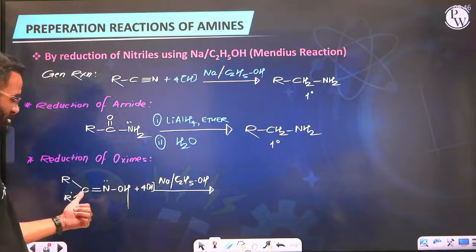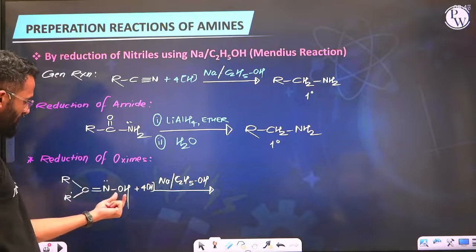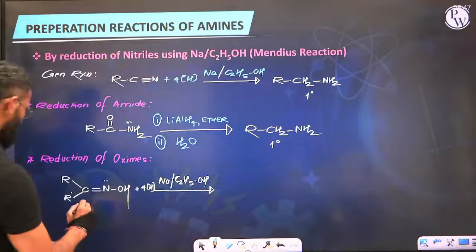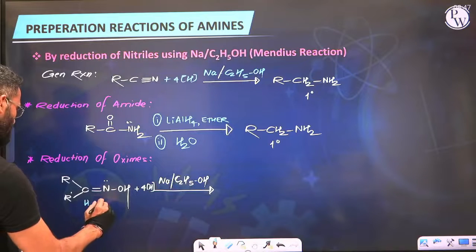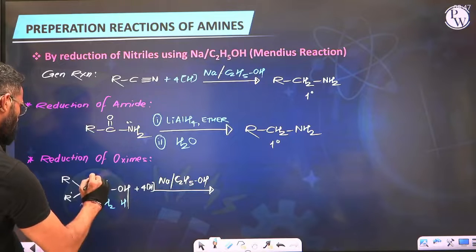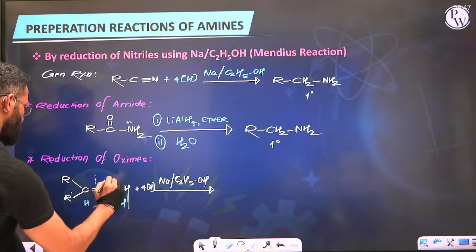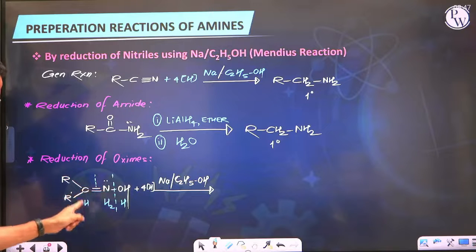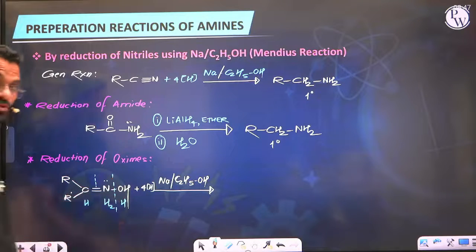Add 1 H here, 2 H's here, and 1 over here, and break down the bond. This is just for the sake of remembering, okay everyone? Just a trick. H here, H2 here, and 1 H here. So the pi bond has been broken, and you'll be getting CH single bond NH2 and H2O.